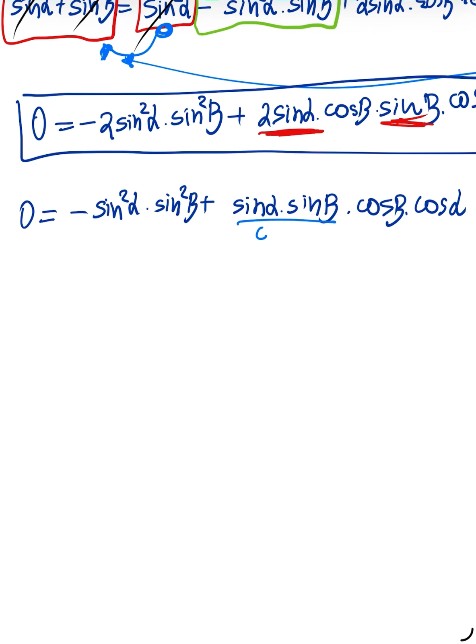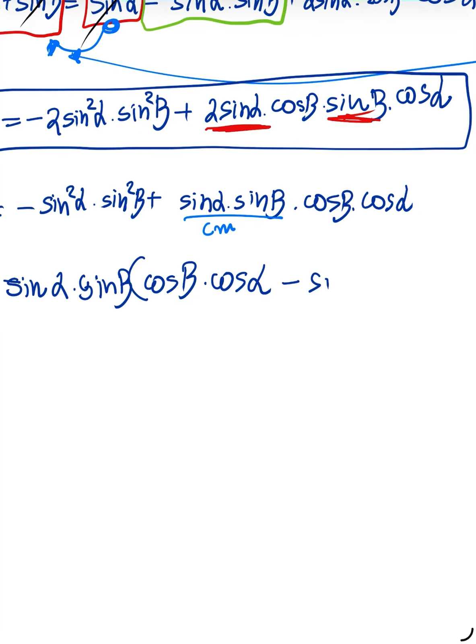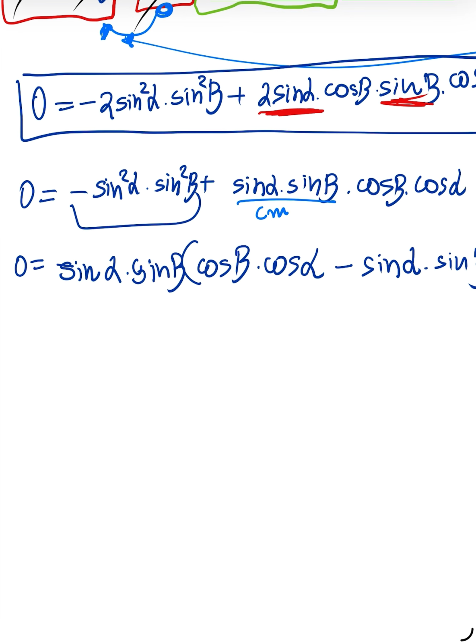So 0 is equal to minus, or let's not put the minus, sinus alpha times sinus beta, in brackets cosine beta times cosine alpha, minus sinus alpha times sinus beta. From here, yeah, we have one more sinus alpha and one more sinus beta.